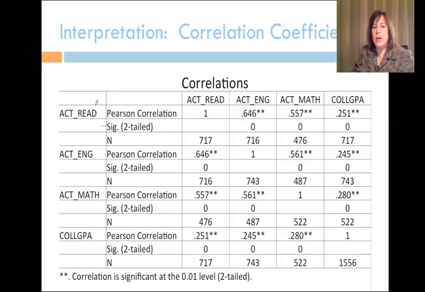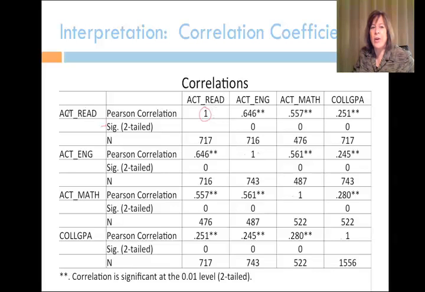Let's look at the relationship between a student's ACT reading score. This is a matrix, so you can disregard the ones down the diagonal, because that's just looking at the same variable. You would expect the ACT reading score to have a Pearson correlation of 1 with itself. That's perfect correlation. You expect that. It's the same variable.